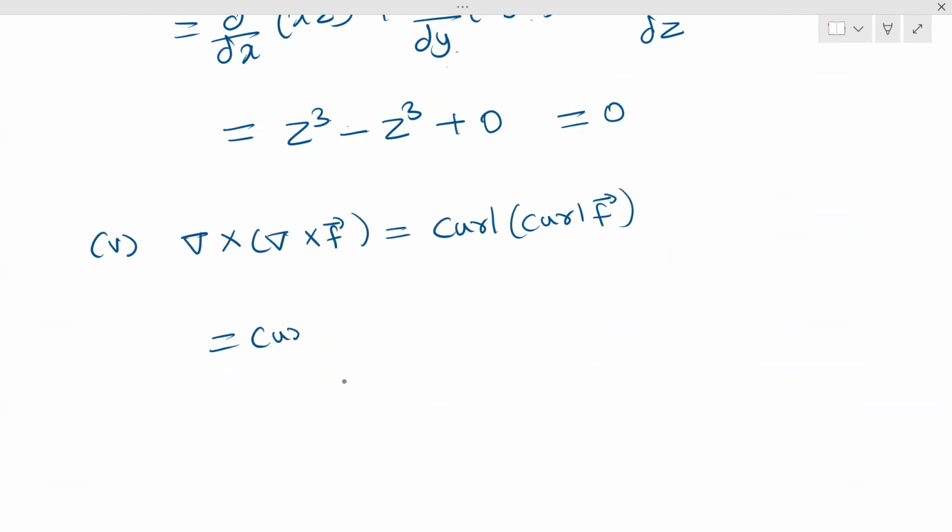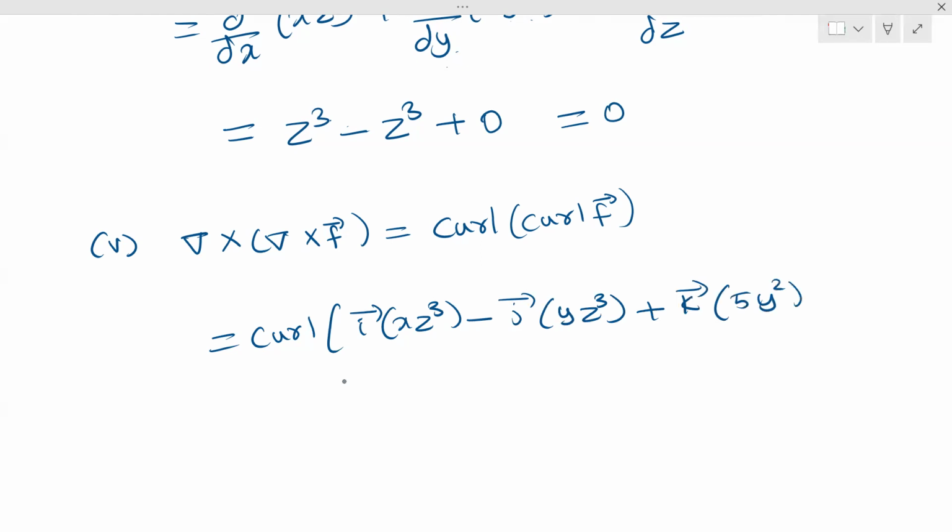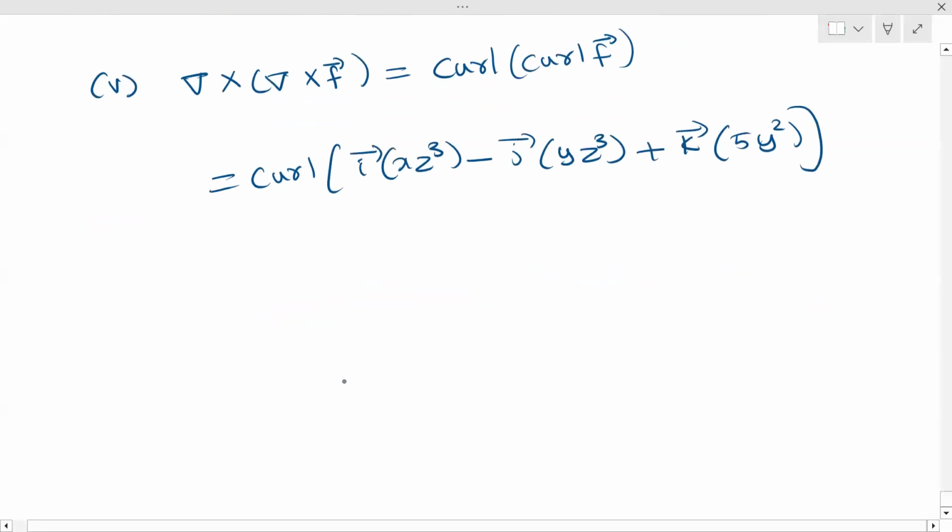So curl of F, we already have it. What is the curl of F? That is i vector into xz cube minus j vector into yz cube plus k vector into 5y square. Now we have to find the curl of this vector point function. So here it is nothing but the determinant.